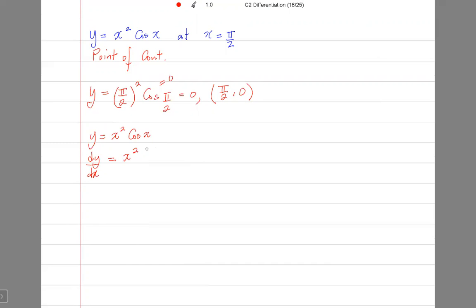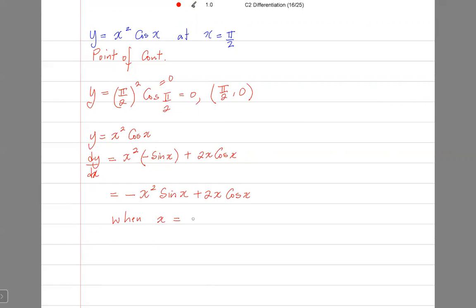Differentiate the second. When I differentiate cosine x, I'm going to get minus sine x. Plus differentiate the first, 2x. Leave the second, cosine x. So dy by dx is minus x squared sine x plus 2x cosine x.